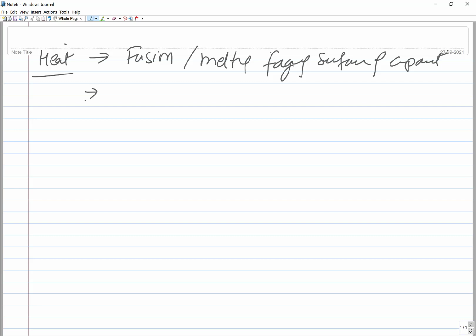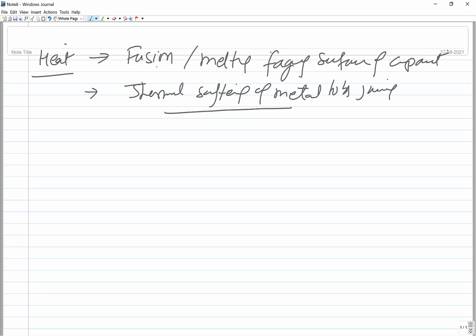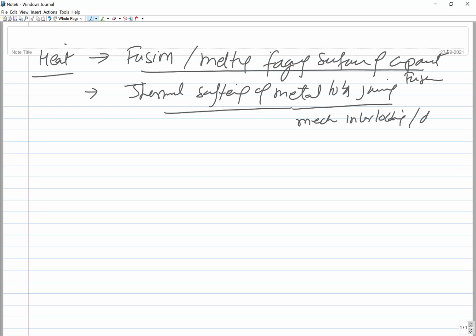Apart from the fusion, the heat is also used intentionally to realize thermal softening of the metals to be joined. So the first one is important for fusion welding. The second one is important for the processes where mechanical interlocking or deformation is being used to develop the joint.